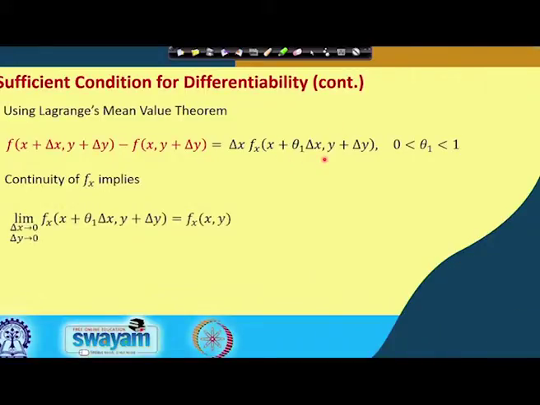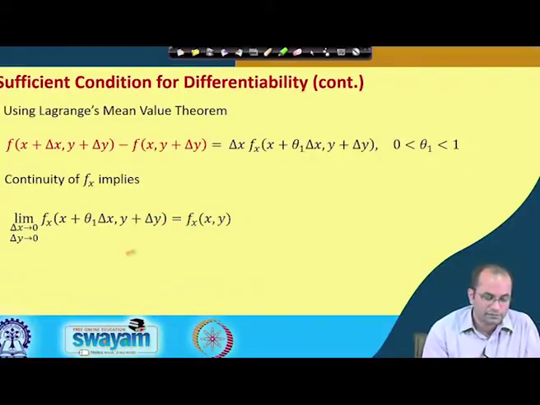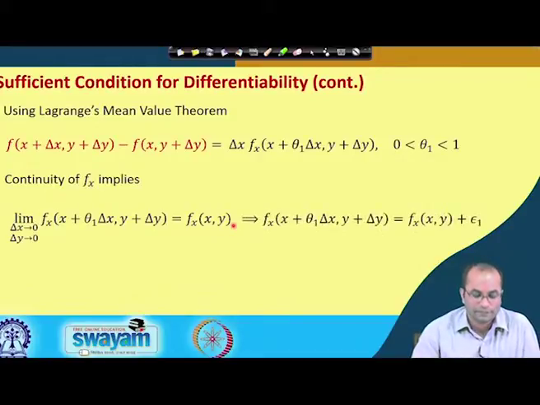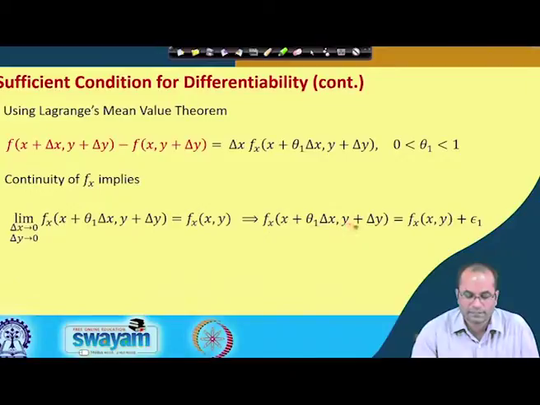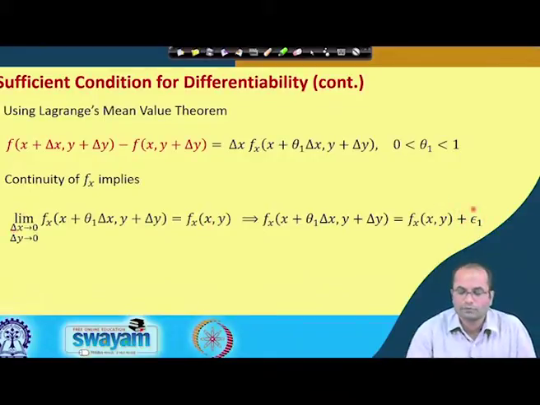So the continuity of f_x gives us this. And then we will introduce another epsilon as we have done before. So f_x(x plus theta 1 delta x, y plus delta y) is equal to f_x at (x, y) plus this epsilon, and this epsilon will have the property that it goes to 0 as delta x and delta y go to 0.